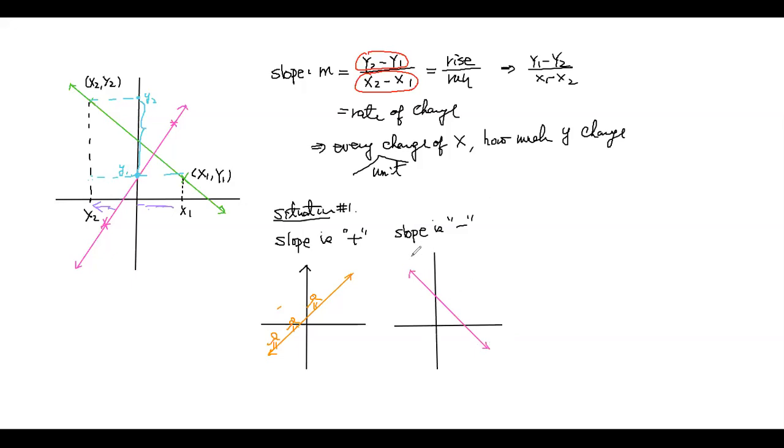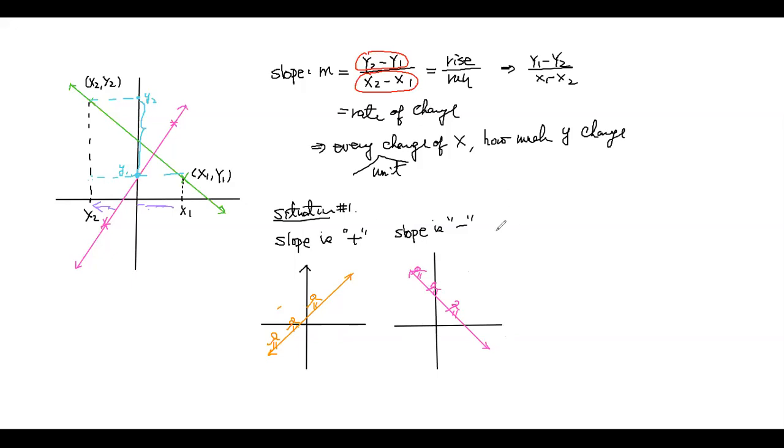I typically like to use the same example: you're standing here, and then you're going downhill. That's why the slope is negative. That means the line is going down. Slope is positive, line is going up.